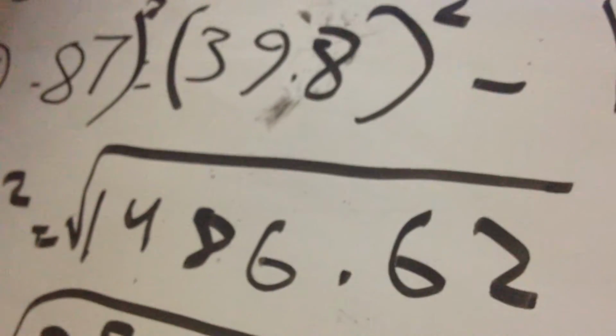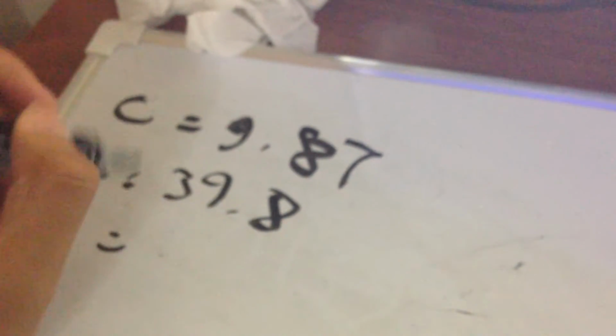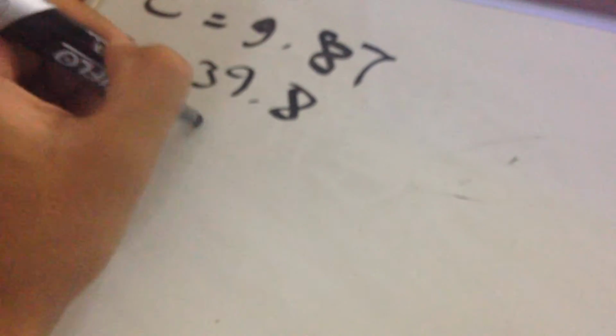Now we need to write the equation. c is 9.87, a is 39.8, and b is 38.56.